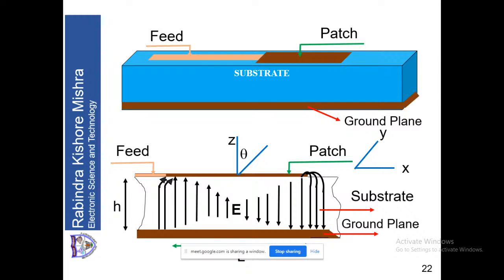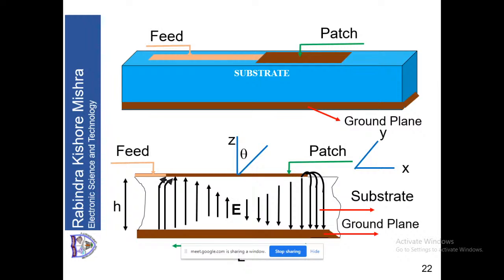Now the substrate extends from the ground plane to the patch in the z direction. So there is a z direction that is shown. The patch is in the xy plane. The length of the patch is along x, the width of the patch is along y, the patch is along the xy plane. Then you can see in the figure there is an angle theta, which is with respect to the elevation or z axis.